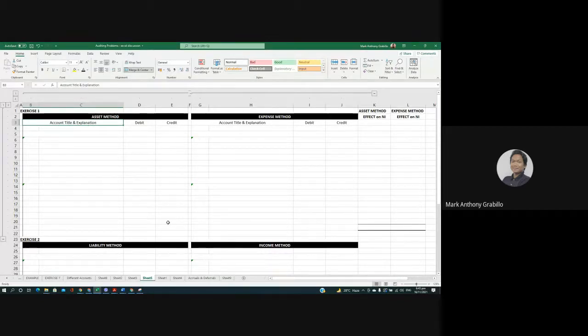And then kapag expense, we record it as an outright expense. Pero syempre, itong dalawang method na to, hindi naman sila perfect. At the end of the year, we still need to make an adjustment for any unused portion kapag expense method or for any used portion kapag asset method.